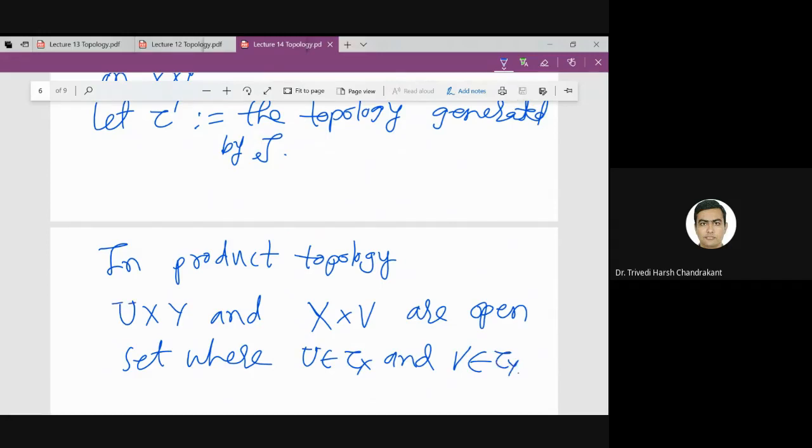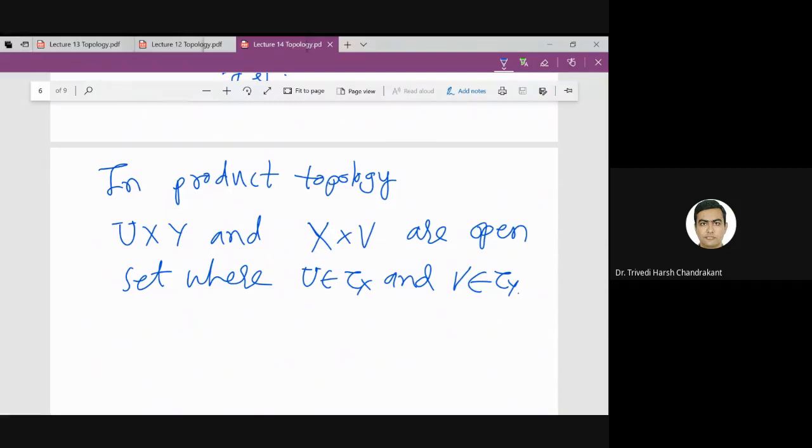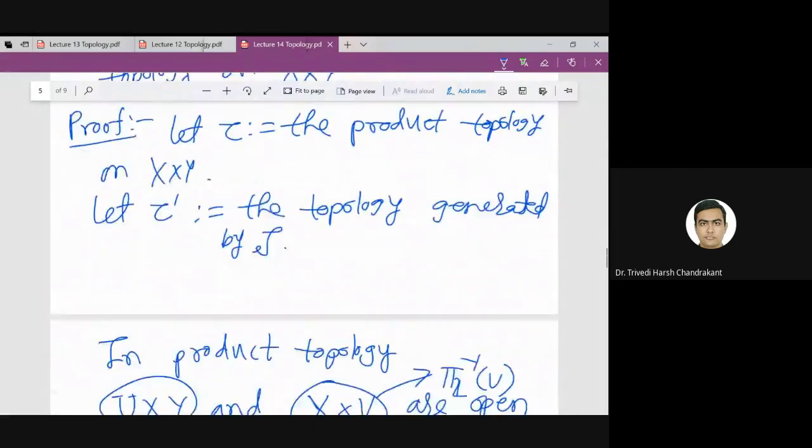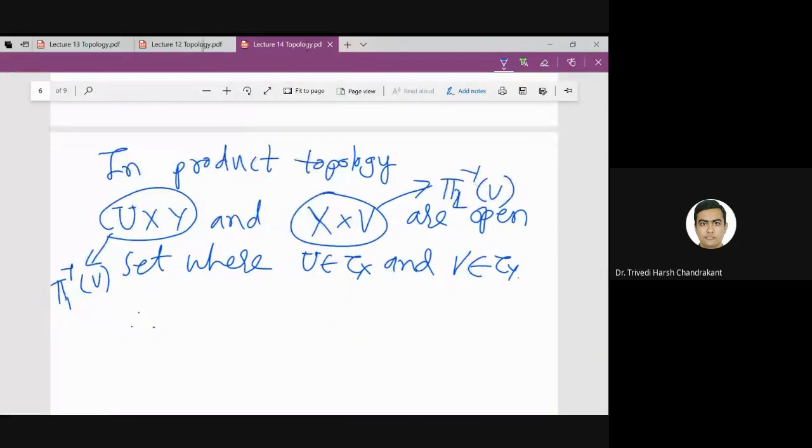By the definition of the basis of the product topology, these are in fact basis elements in the product topology. So what are these elements? This is nothing but pi 1 inverse U, and this is nothing but pi 2 inverse V. Okay.